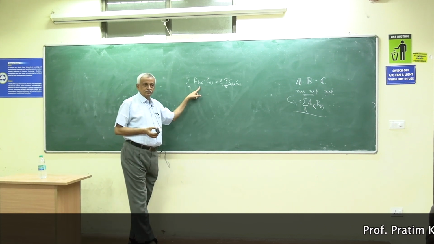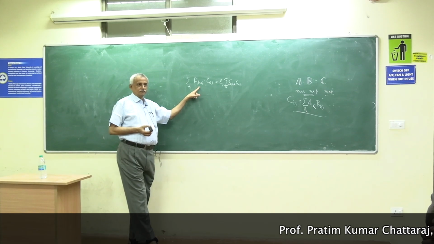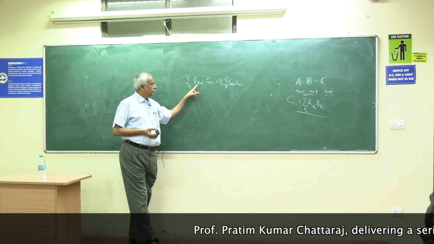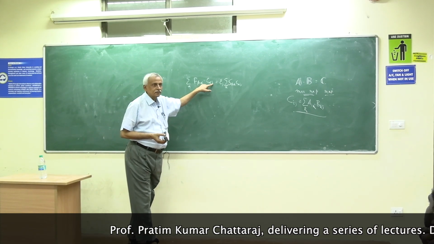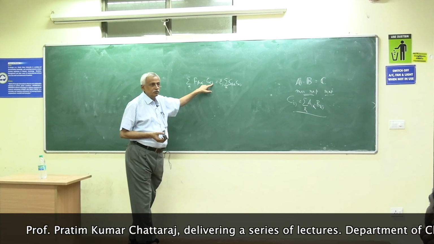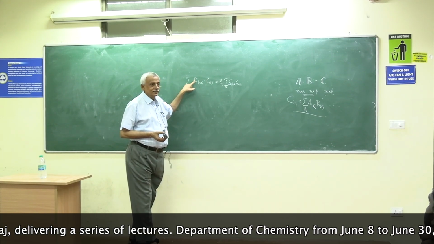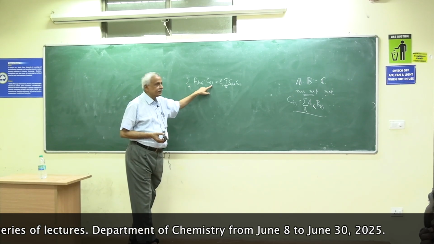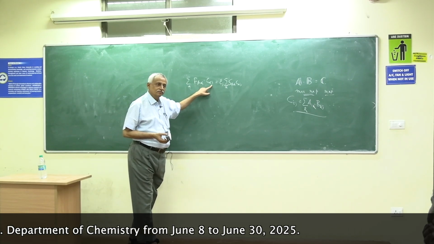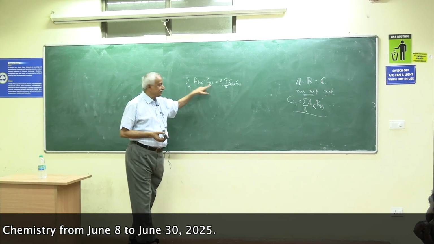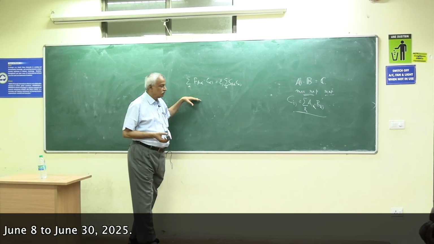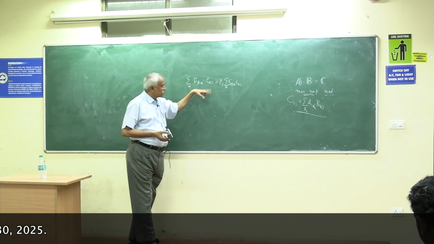Look here: F_βα, C_αj. So if you take the product of F and C, it is the βjth element of that product. And similar equations you will get for all such j's.